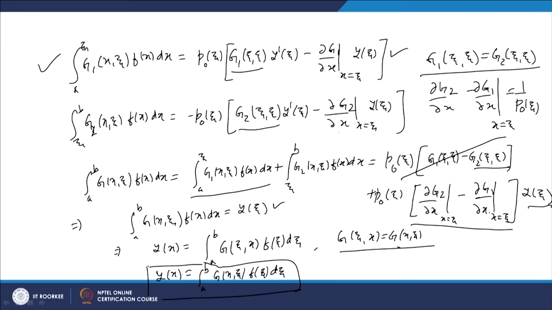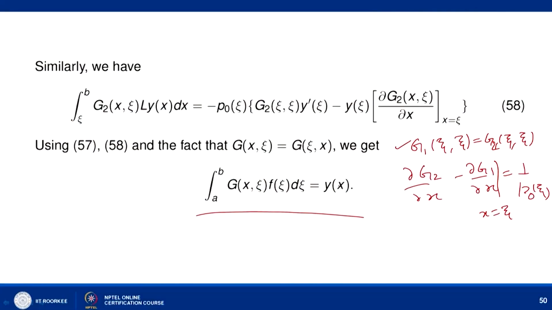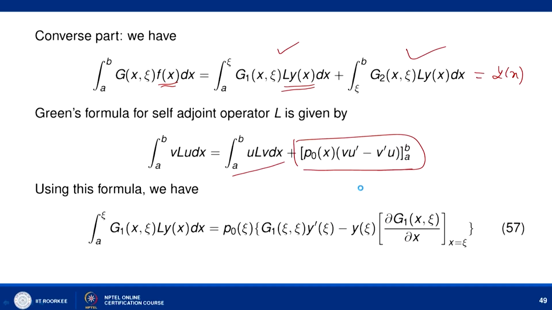So, we can write y(x) equal to the integral from a to b of g(x, xi) f(xi) d xi. That is what we wanted to prove, that the integral from a to b of g(x, xi) f(xi) d xi is equal to y(x) when g(x, xi) is the given Green function. So, that is what we have proved here.